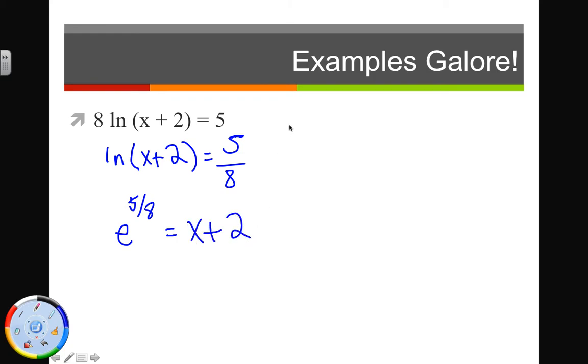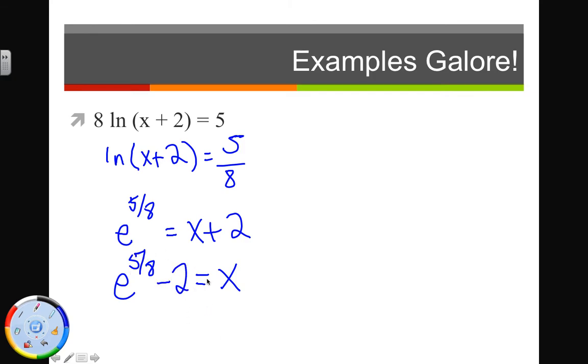I really, really hope you guys are getting fast at changing between logarithms and exponentials. If you're not, just keep practicing. Now, e to the 5/8 is just a number, so I'm solving for x here, so I can subtract 2. So x equals e to the 5/8 minus 2 on the outside.